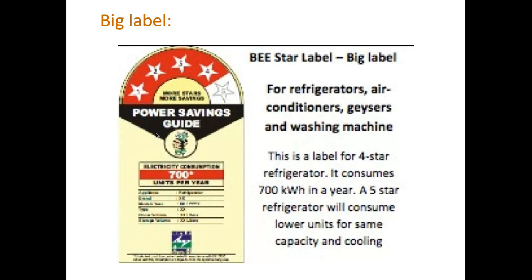While some categories of these appliances necessarily have to be given a star rating, for others it's optional, right? The appliances which need to have an energy rating label mandatorily are frost-free refrigerators, as we went through in the table, tube lights, room air conditioners, color TVs and so on, right?